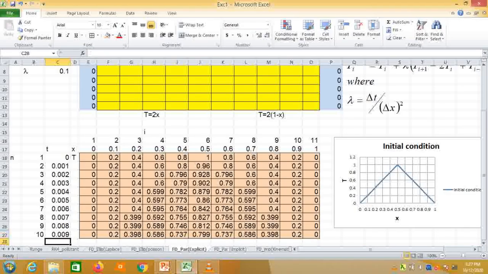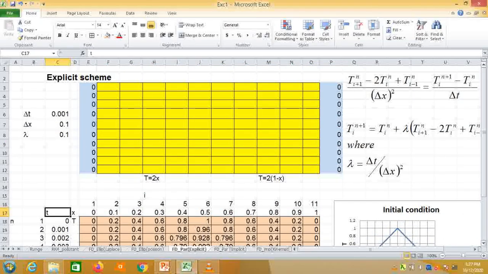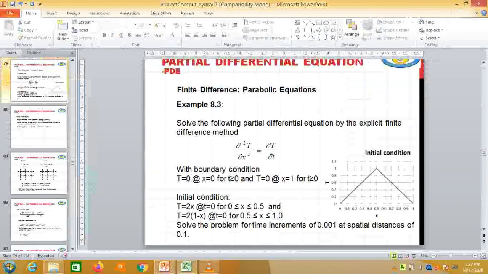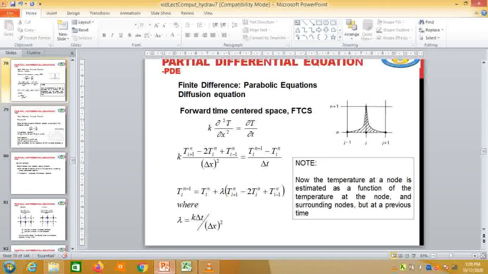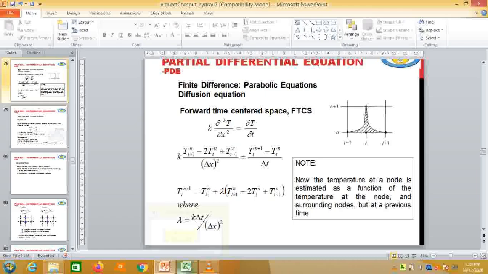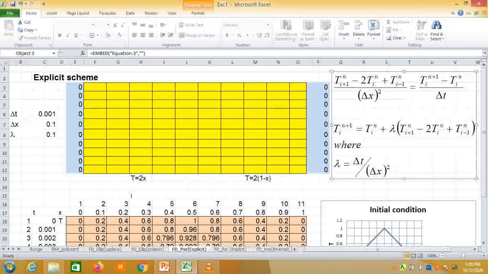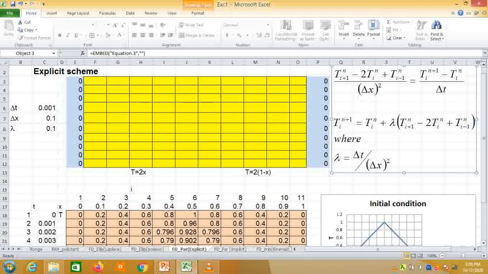Now, using this set of equations for the explicit forward time, center space scheme, we're going to solve this using FTCS. For easy reference, we have just popped the equation here. Now we can find the value from the initial condition at t equal to 0.